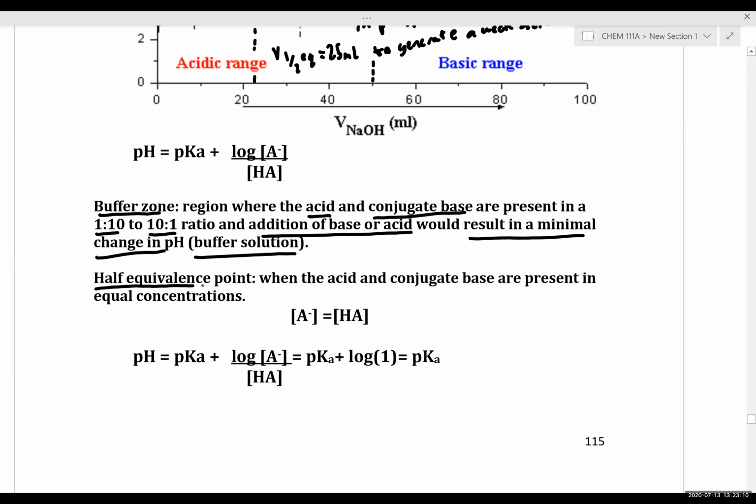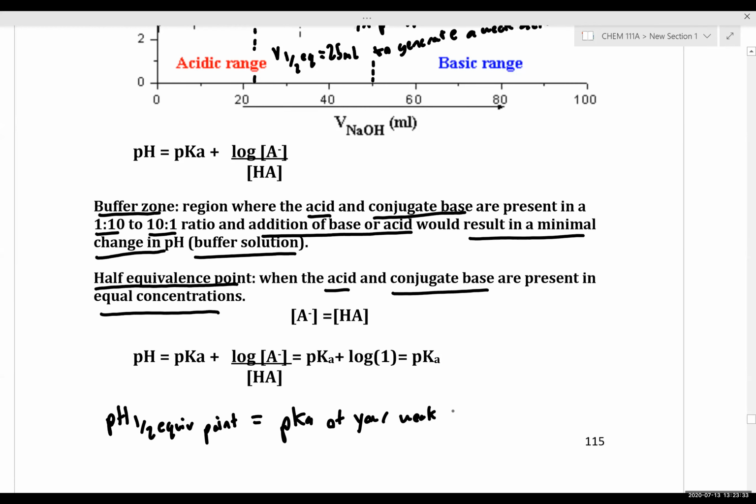The half equivalence point is the point where the acid and conjugate base are present in equal concentrations. And one useful feature of the half equivalence point is that the pH at the half equivalence point is equal to the pKa of your weak acid. So you can get a lot more information when you titrate a weak acid.